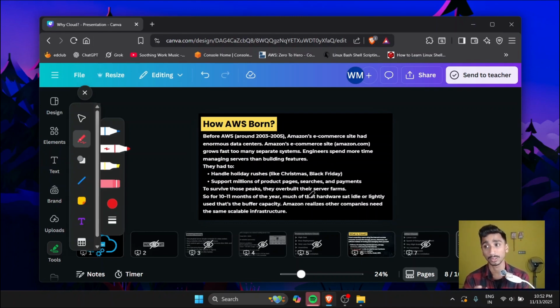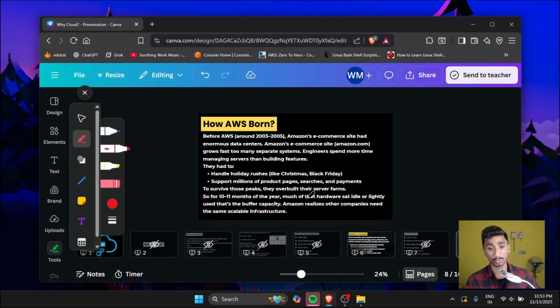So Amazon thought that the problems they were facing were also the problems of other businesses at that time. They also had to hire IT teams to maintain those huge servers, and they had to buy those huge new servers. So Amazon realized that there was a huge market gap.